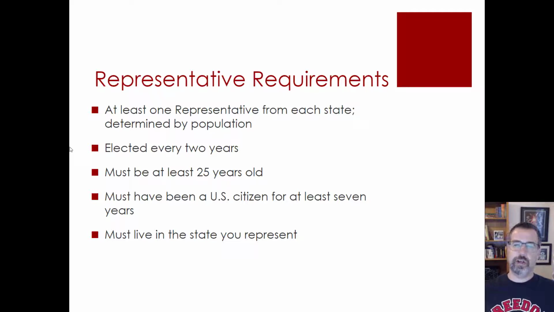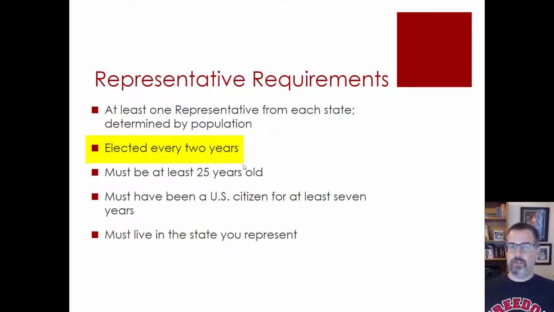First off, every state has at least one representative, and remember, it is determined by population. Some states only have one member in the House of Representatives, while other states have, like California, 53. If you are in the House of Representatives, you are elected every 2 years.